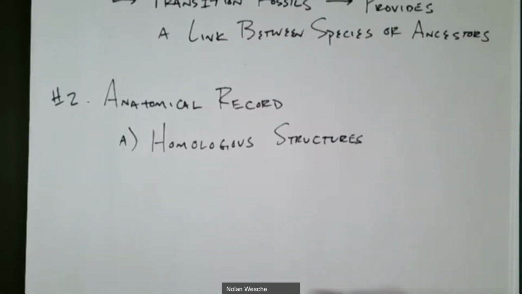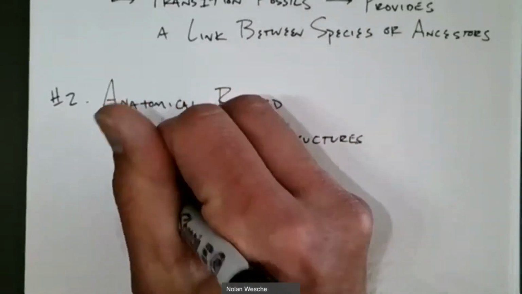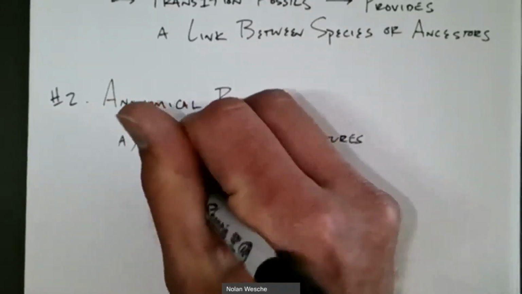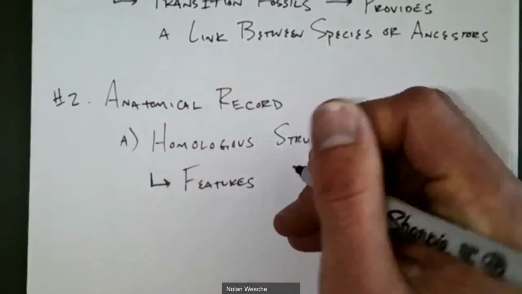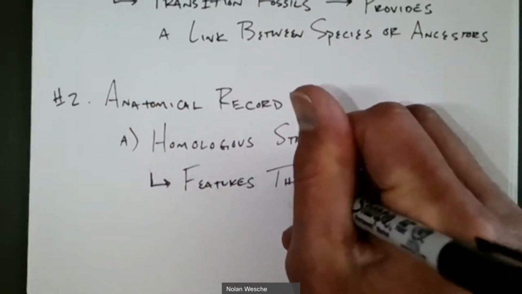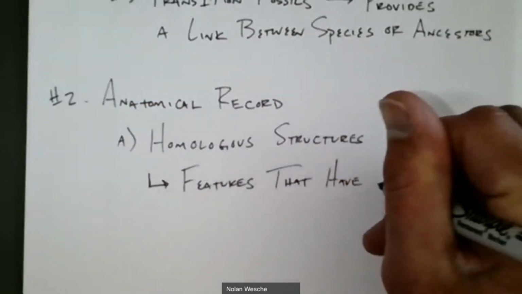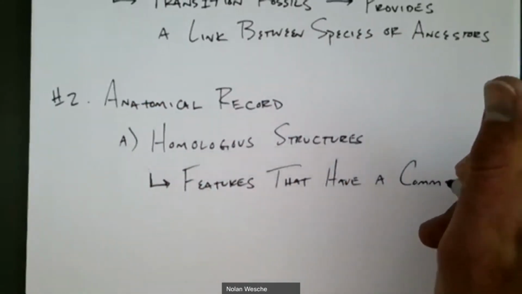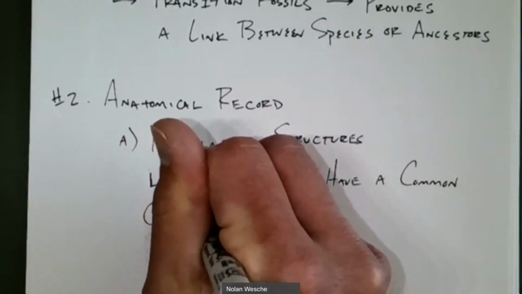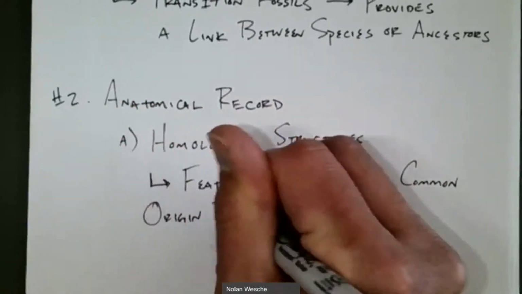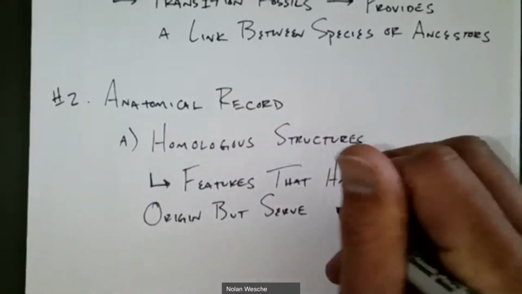So what we'll do here is we'll just make a note of that. So again, homologous structures, they are features that have a common origin, but they serve different purposes.